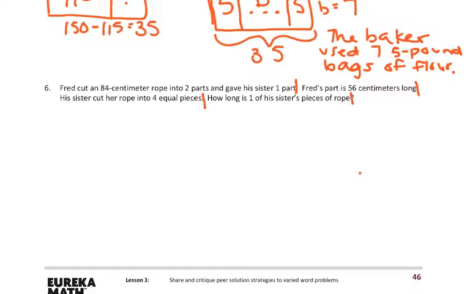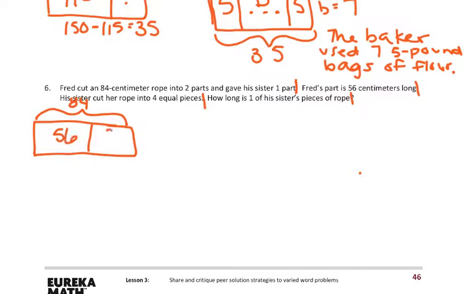So first we need to figure out how long the rope that Fred gave to his sister was. So he started off with an 84 centimeter rope. And he cut it, and he got 56 centimeters, but we don't know how much his sister got.